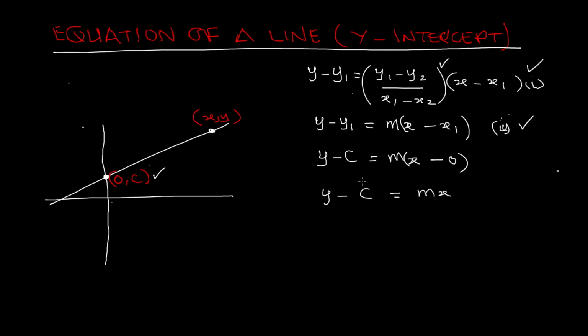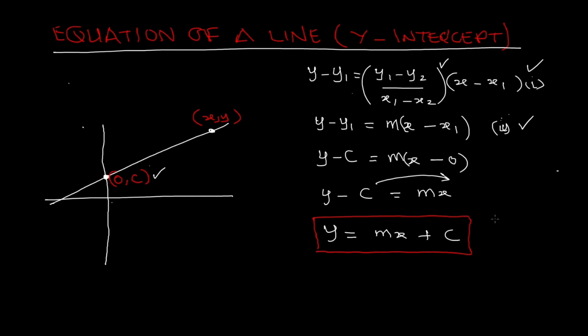Now we can take this and throw it to the other side. That is how I like to do it, it's a shortcut. You can add c here and add c there, it's another way. All right, so this is our equation. This is another equation.